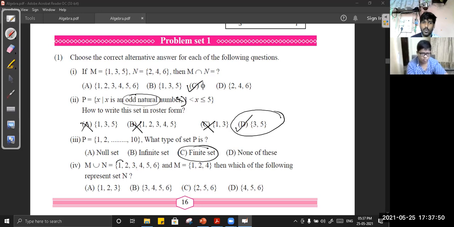They have said 1, 2, and 4 are in M. What will be in N? Is it B? B, {3, 4, 5, 6}. Yes. B, {3, 4, 5, 6}. Correct.